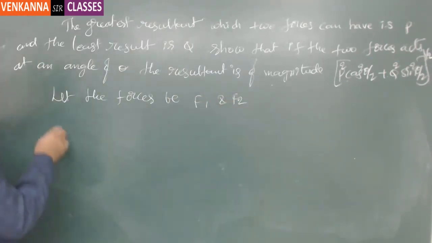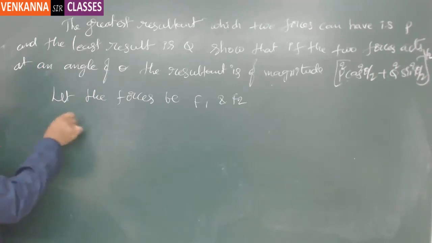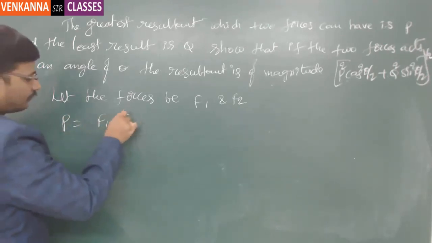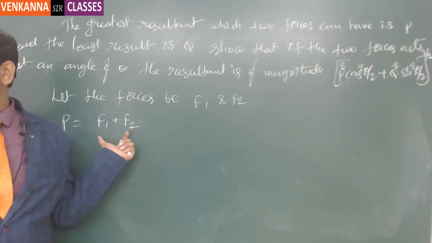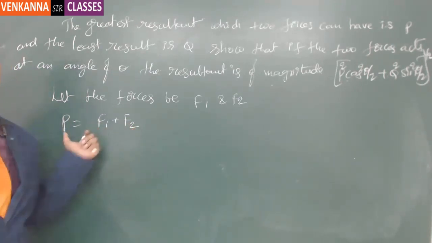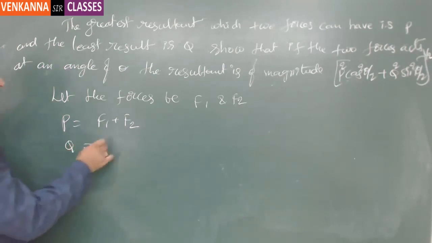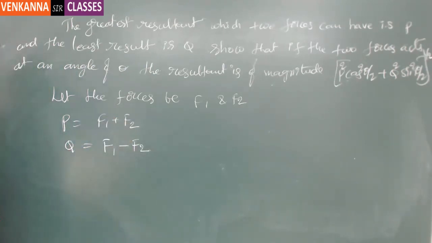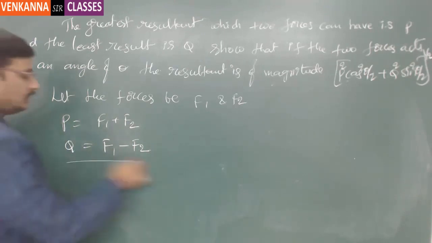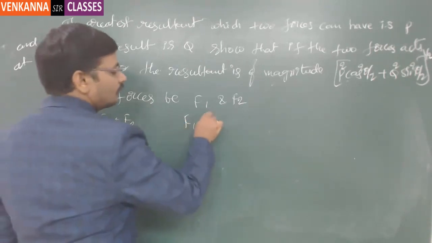Then the greatest magnitude P is equal to F1 plus F2, because if these two act exactly on the same line, then this is the maximum value. Similarly, the least can happen if F1 minus F2. So Q is least and P is max. From this you can find out the F1 value and F2 value.